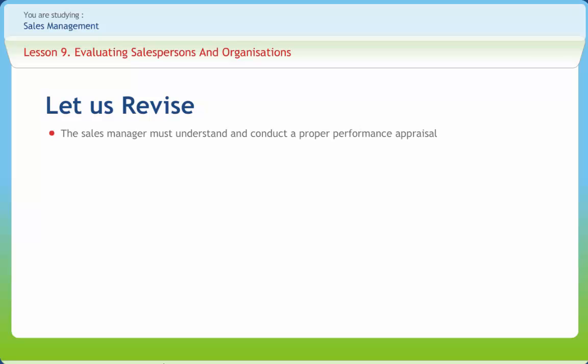The sales manager must understand and conduct a proper performance appraisal of his salespersons, as it helps in motivation, cost reductions, and reduces role ambiguity. The sales manager has two basic choices: outcomes or behaviors. Outcomes are specific measurable results of selling efforts.